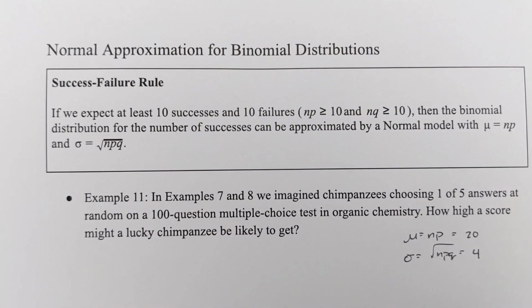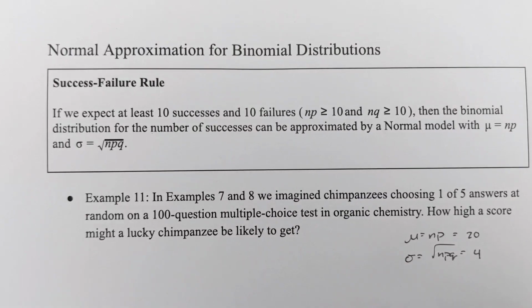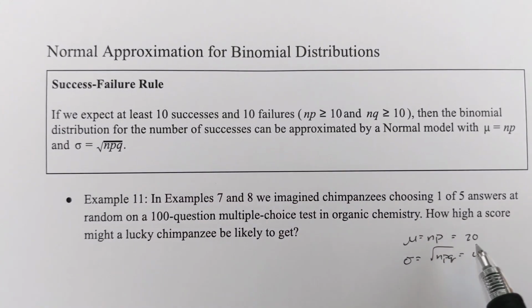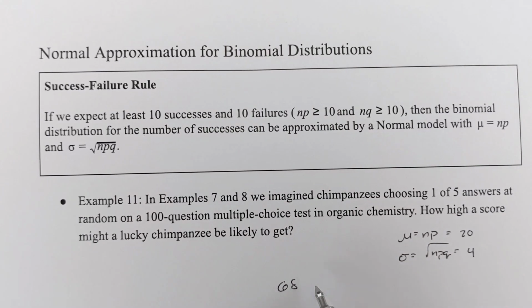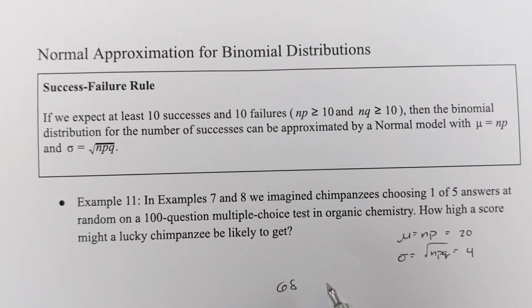So it depends on how you define lucky. So, 68% of them will be between, that's a bad example.